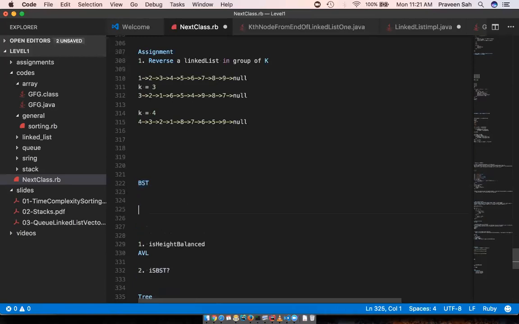So if the root node is 5, then anything smaller than 5 will be on the left side, and anything bigger than 5 will be on the right side of 5. This is what a binary search tree looks like.